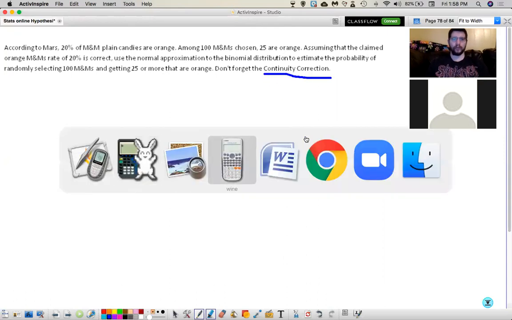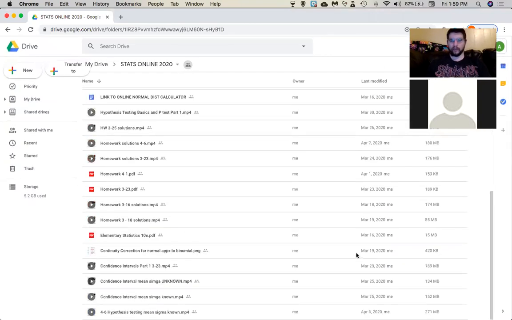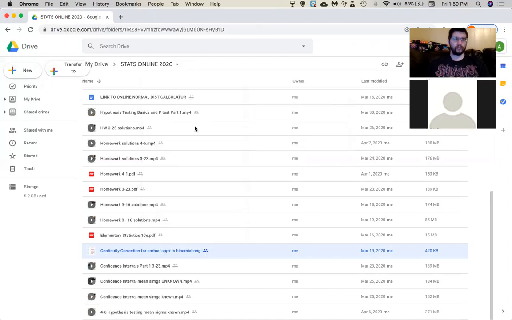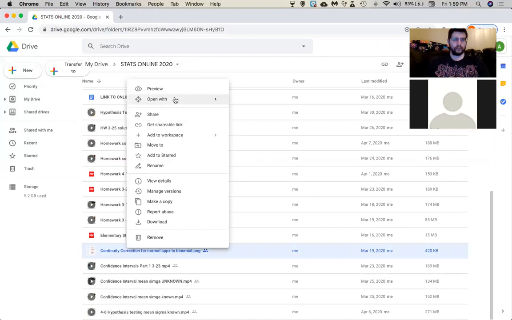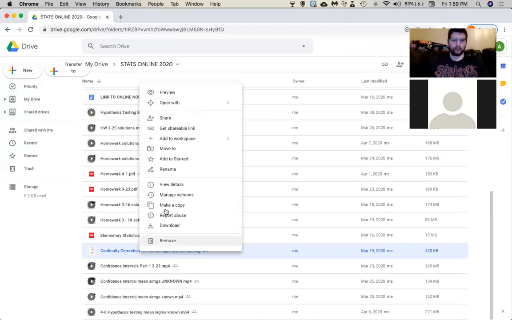So if we go to their Google Drive, this is probably something you've forgotten about. It's down here. March 19th is whenever it was stuck in there. Continuity correction. Let's see it pop up any minute now, or day or year. Okay, let's come back to that. Open. And if it won't open for you, just download it.